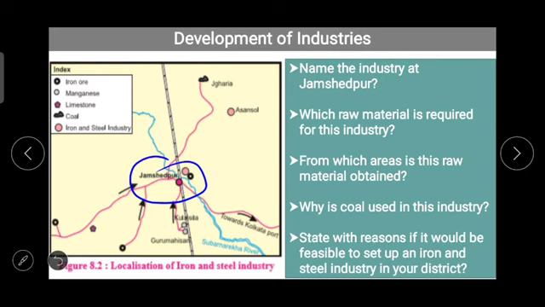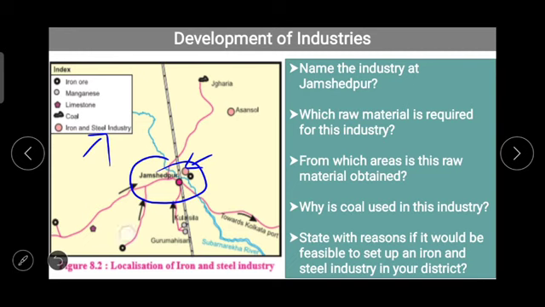You can see in the index, iron and steel industry. Now, which raw material is required for this industry? Then from which areas is this raw material obtained?